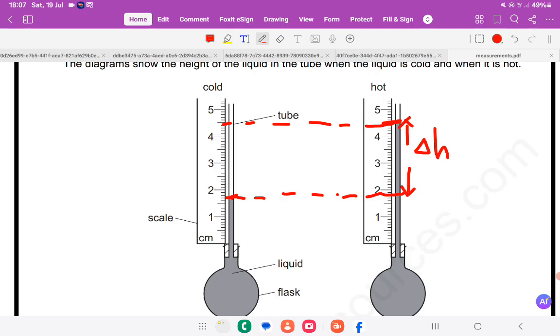So in this case, for us to find the change, let's call this H2 and this H1. So we need to subtract H2, subtract H1. Okay, so H2 from the diagram, H2 is 4.5. The reading there is 4.5.